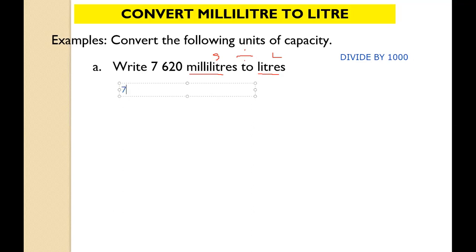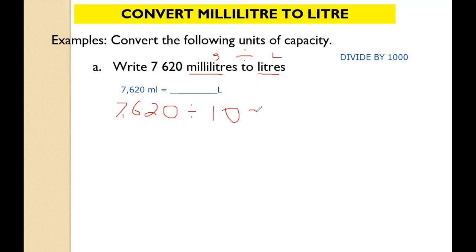So let's do it now. 7,620 ml, how many liters? Let's write 7,620 divided by 1,000.